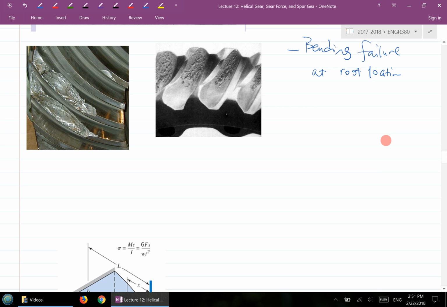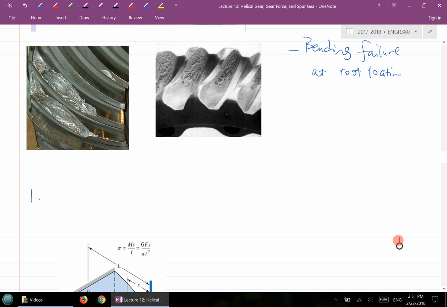We're going to use certain equations to analyze or design the gear under certain loading. But instead of directly jumping into that equation, there's a little bit of a story as to how it is derived.